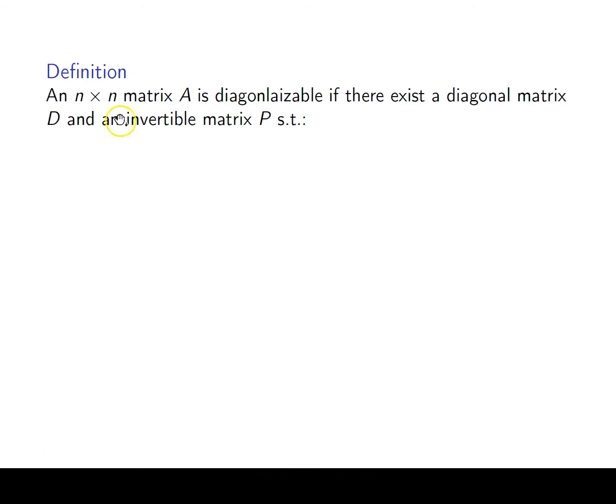Our diagonalization is going to be P, D, and P inverse. P has to be invertible, and that is how we diagonalize our matrix. This is a factored form: three matrices that, if you multiply them out, will give you back your A matrix.